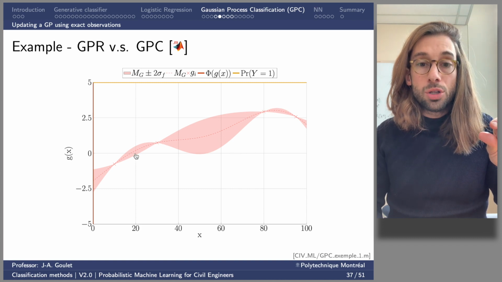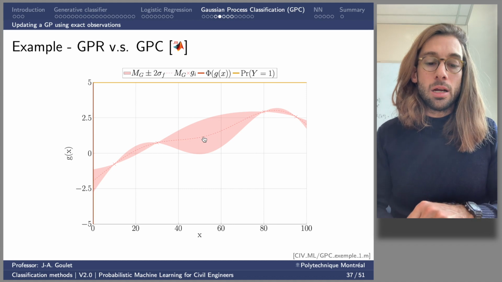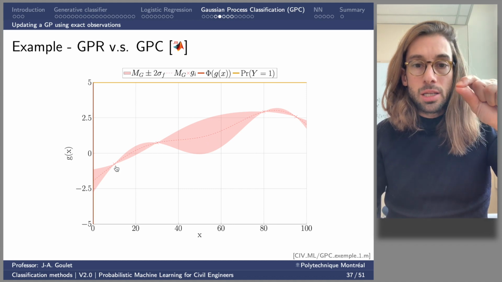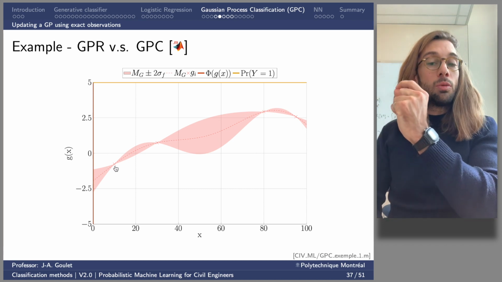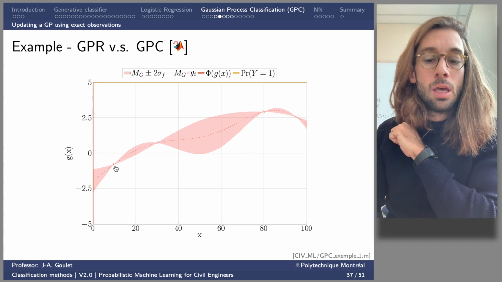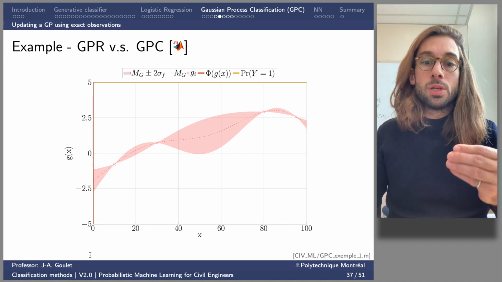So we have more uncertainty regarding the actual value we can obtain here, as opposed to where we have directly observed. The Gaussian process directly collapses to the observation, because here we assume that we have perfect observation of the system response. This is the general behavior we would obtain with Gaussian process regression.